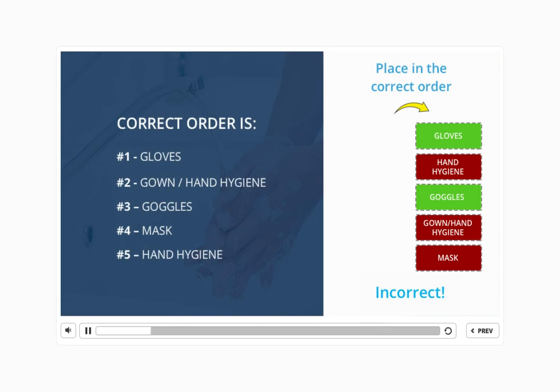Incorrect. Order is gloves, gown, hand hygiene, goggles, mask, and hand hygiene. Now, where do the used PPE go? In the designated disposal.